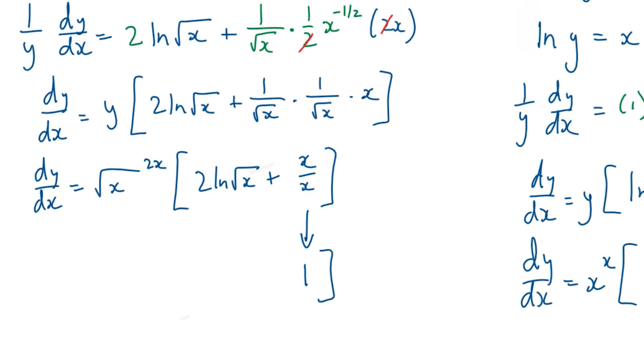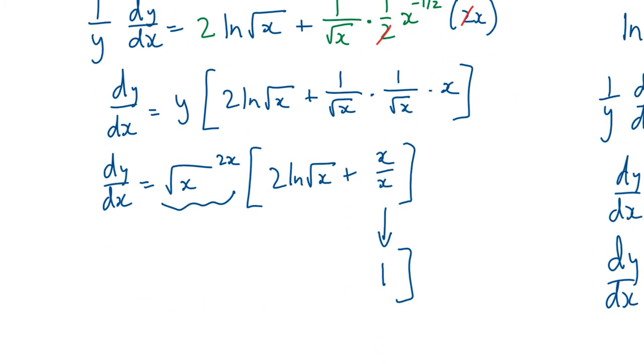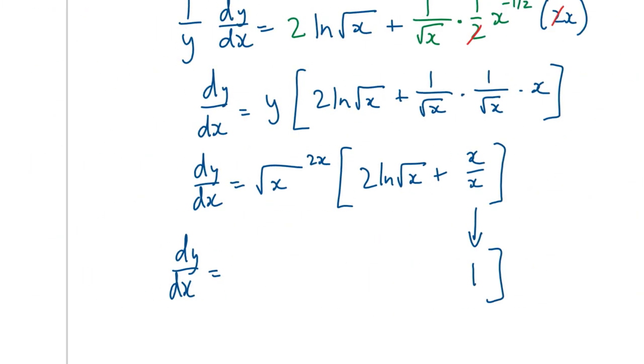Regardless, what would happen if I simplified this further? So I could still split this up and make it x to the x, because that's just the same as what I did above. So dy by dx. If I hadn't noticed it first, I might not notice it now. But if I see the answer like this, maybe that would help me notice it. Again, I don't know.